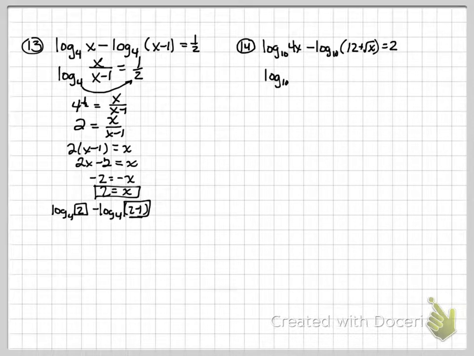Let me rewrite this. Over 12 plus the square root of x equals 2. Rewrite it now without the log, so back as an exponent. So it's 10 squared equals 4x over 12 plus the square root of x.